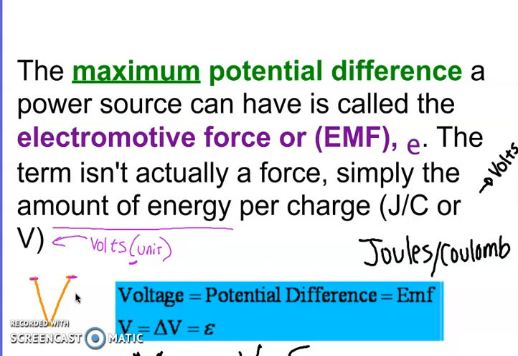Because it's the amount of energy per charge, we can also measure it in joules per coulomb. So a volt is a joule per coulomb. There are a bunch of different ways you can represent this: voltage, potential difference, EMF. It's not actually a force, it's just the amount of energy needed to move each charge from one end of the battery to the other.